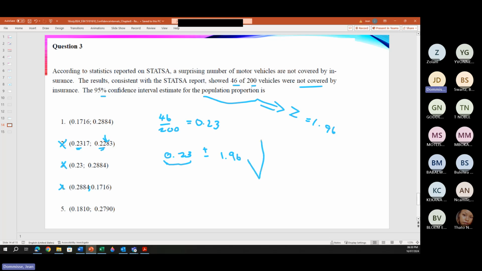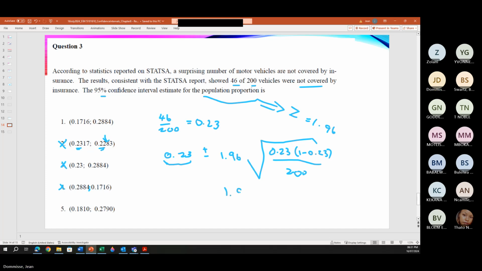Okay, so let's just check if we multiply by the standard error. What do we get? Because again, it is still between 2 options. So 0.23 times 0.77, and that divided by 200, and square root of it.